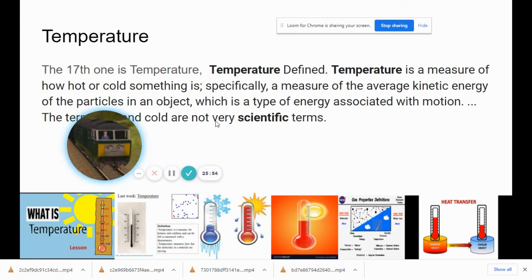Temperature is a measure of hotness and coldness and can be felt or measured with a thermometer. Temperature measures how fast the molecules in the material are moving.